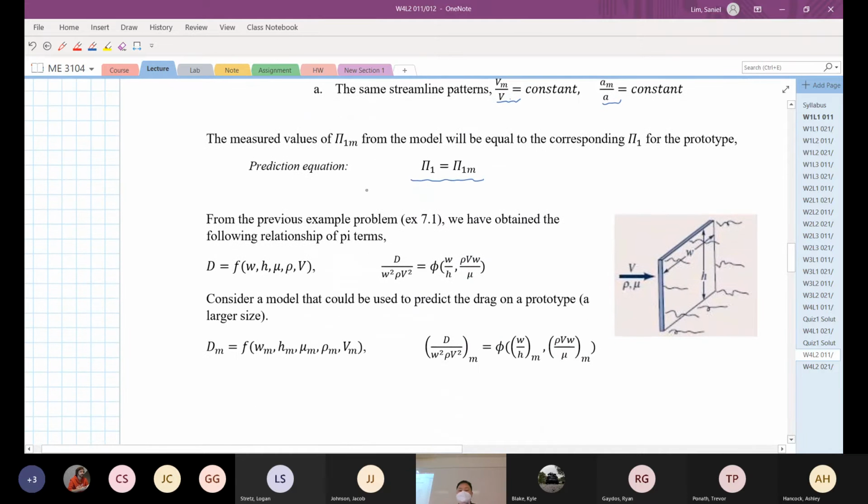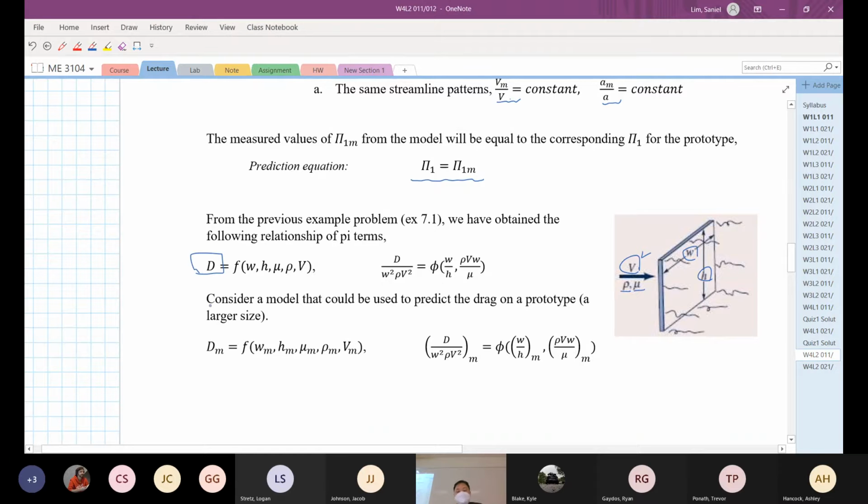So let's take a look at one of the example problems we have seen before. When you consider the plate here, we are trying to find the drag force based on the variables given in the problem. We have a width given, a height given, and the properties of the fluid, rho and mu, and the velocity is one of the variables. Then we're trying to find the drag force.